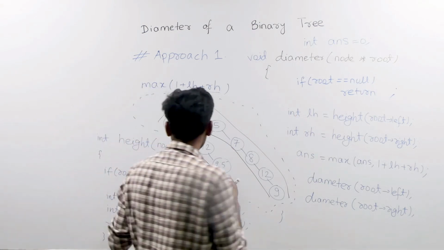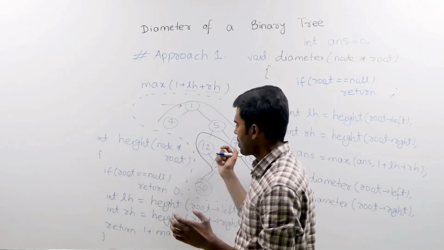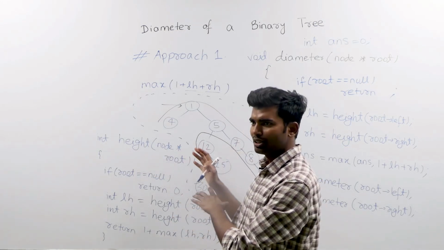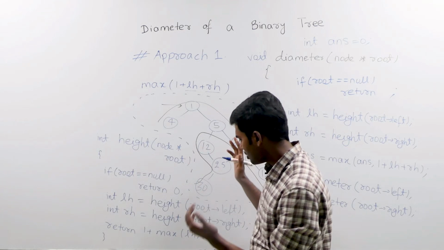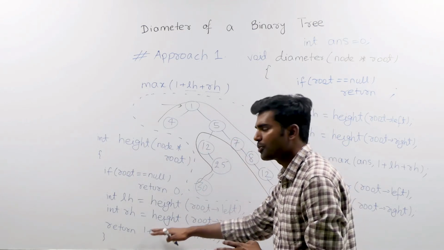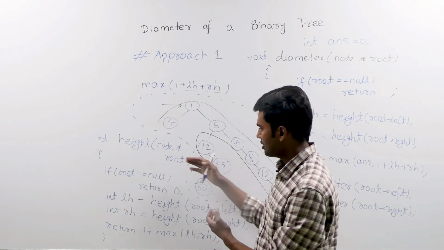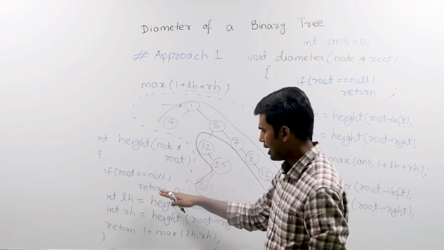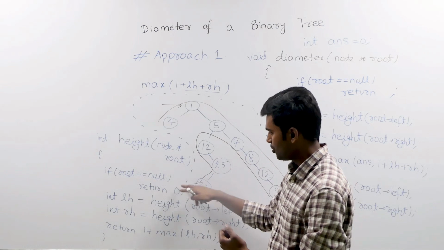So I have written the code of the height function here. As you know, height is nothing but the maximum of the height of the left subtree and the right subtree plus 1. And the base case is if the root is null, then the height will be 0, so I'm returning 0.